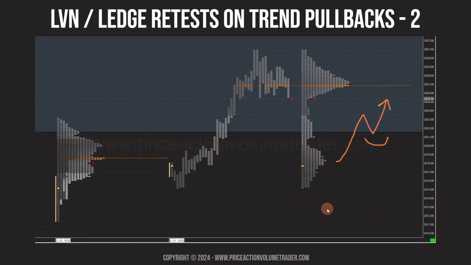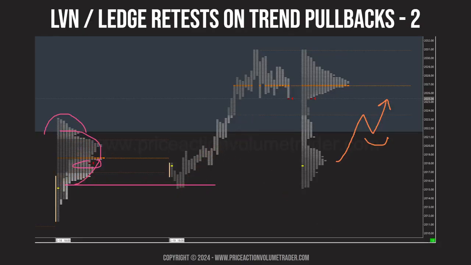So right here, you can see if I zoom in on this area for this specific day, we did come into the value area, but then we closed back below. But then the next day we come in here, we're holding this edge of this ledge here on this TPO.